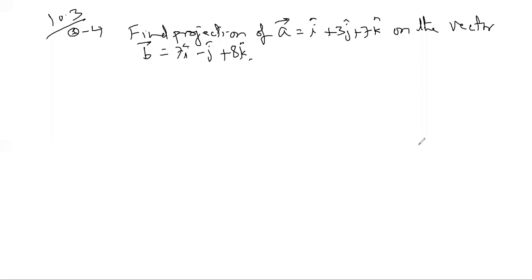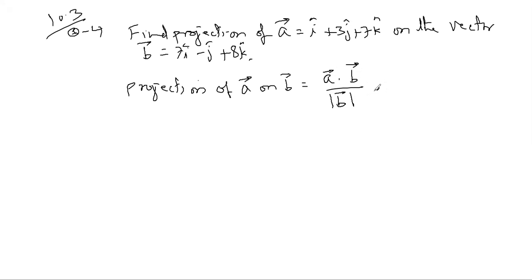For the next one, again we know that the formula for the projection of vector A on vector B is equal to A dot B divided by the magnitude of vector B. So we have to find the magnitude of vector B. The magnitude of vector B is under root 7 square plus minus 1 square plus 8 square.